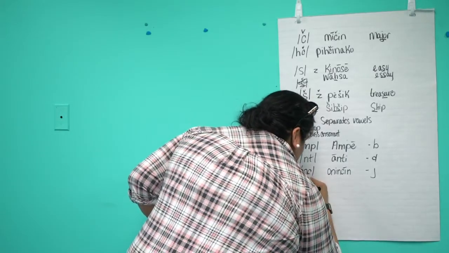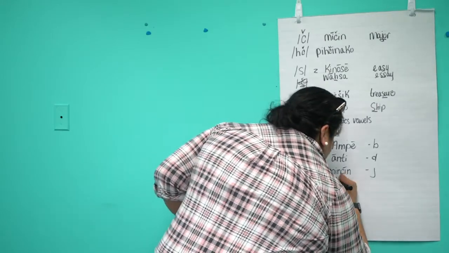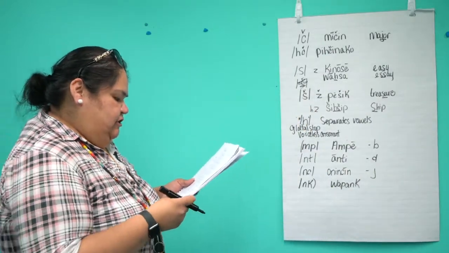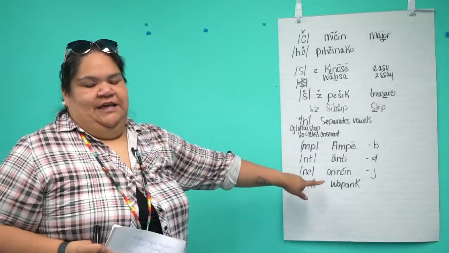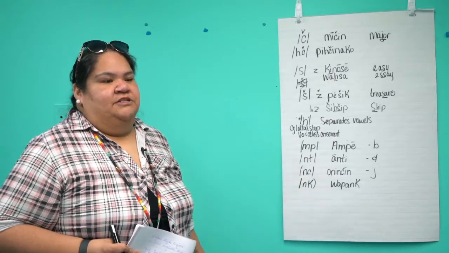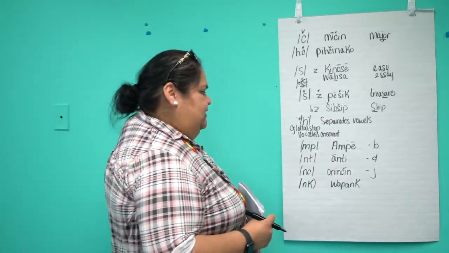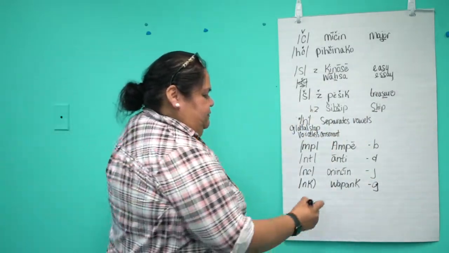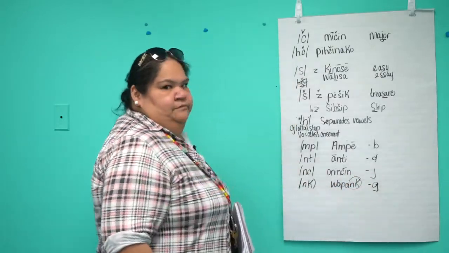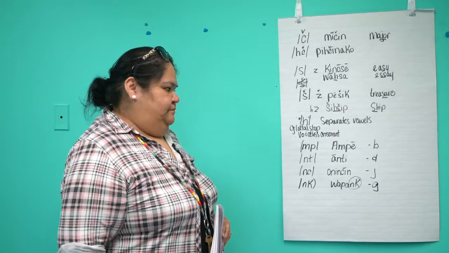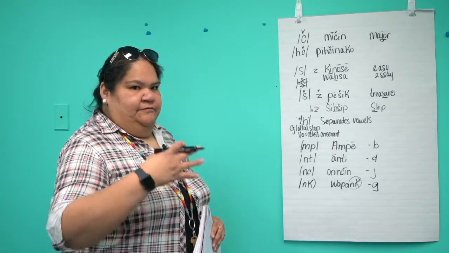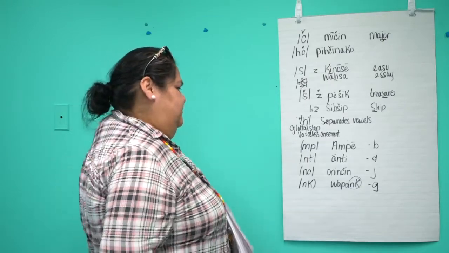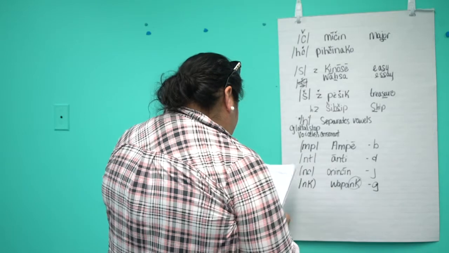So that NK, for instance, they're saying wapenk, but it's really wapang. That NK together makes that G sound. This one means tomorrow. Wapang. You'll hear people say wapeng, just because that's how you write it and read it in English.